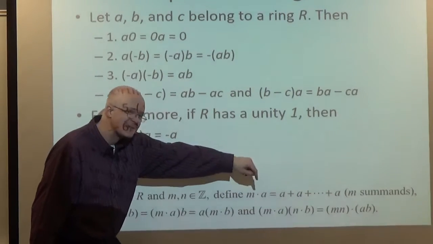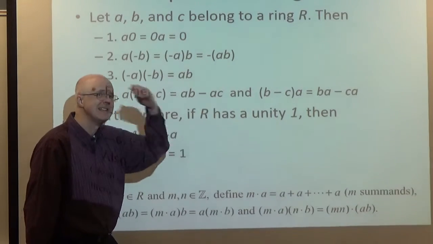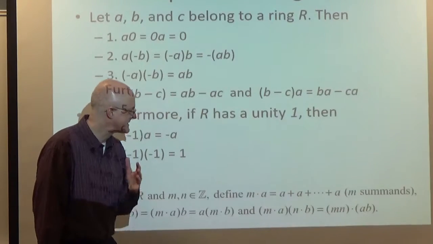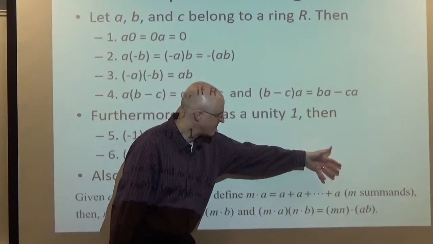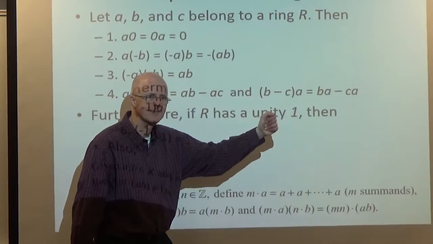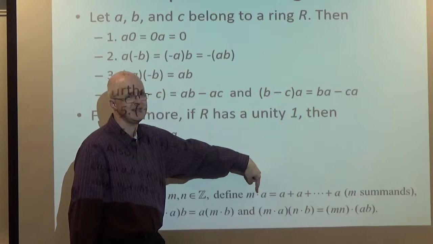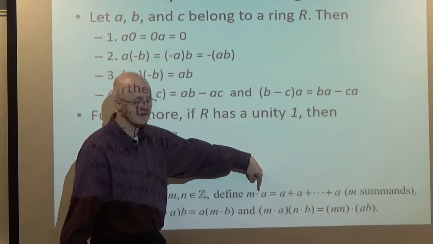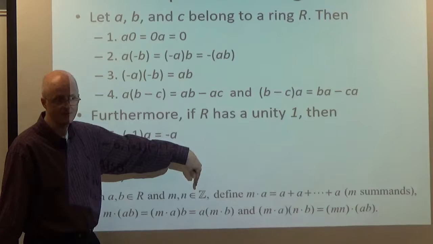Should you say m times a? Should you say m dot a? It's probably best just to say ma, where you realize a is a ring element, m is an integer, to be the sum of a to itself m times. This is not the ring multiplication. It's more like a scalar multiplication, so to speak, where m is a scalar, except it's an integer scalar.